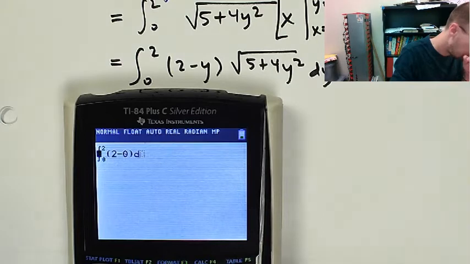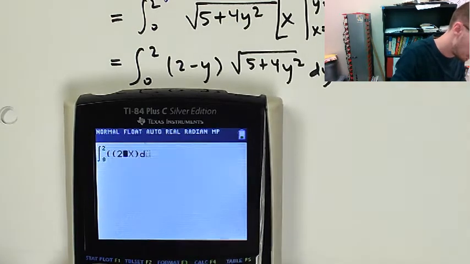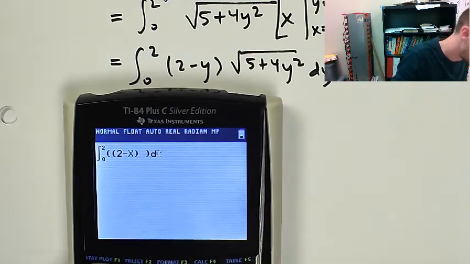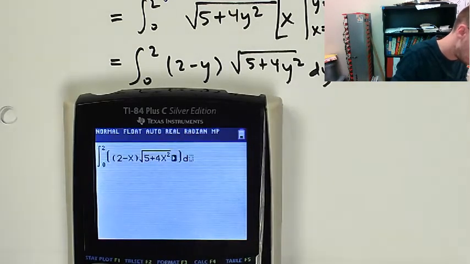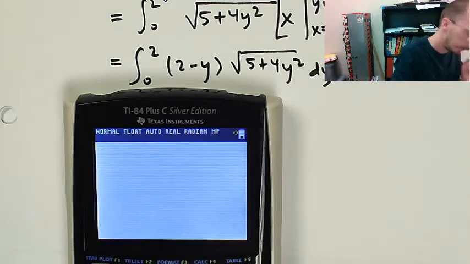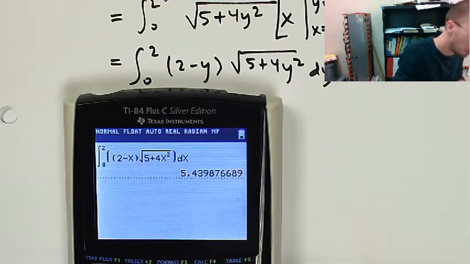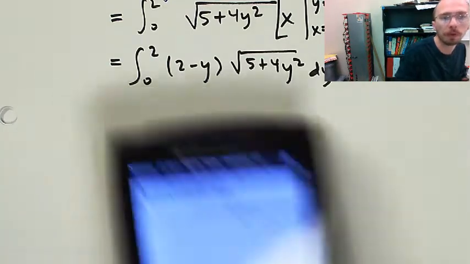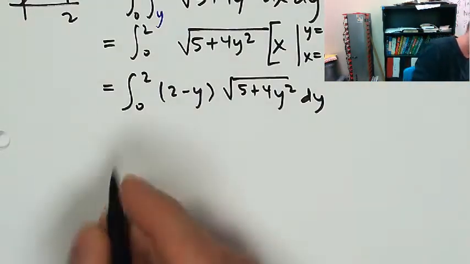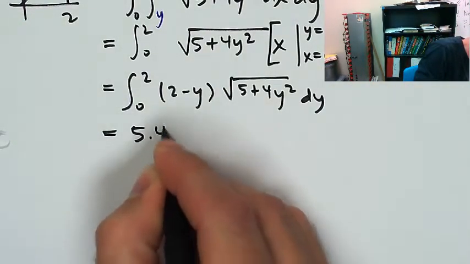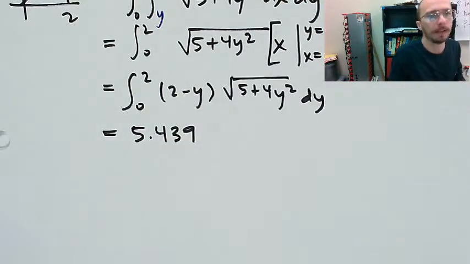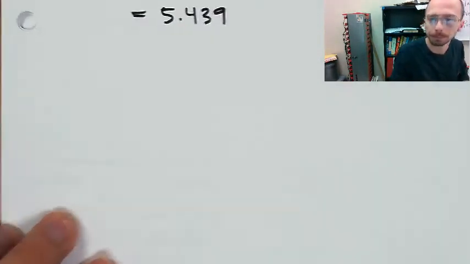Oh, goodness. 2 minus x times the square root of 5 plus 4x squared dx. It gives about 5.440 or 5.439. That's going to be our surface area.